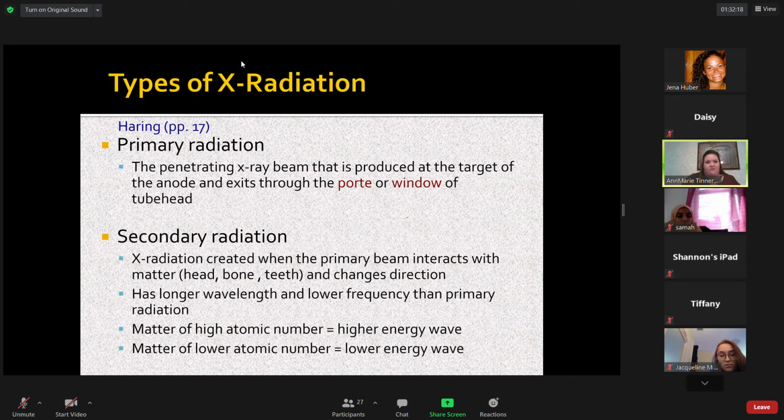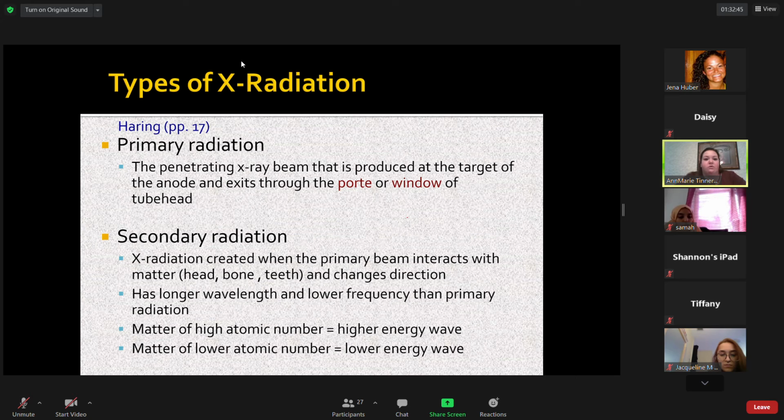Okay, so types of X-ray radiation, you have primary radiation and secondary radiation. Your primary radiation is the penetrating X-ray beam that is produced at the target of the anode, and it exits through a port or window of the tube head. Secondary radiation is X-radiation created when the primary beam interacts with matter.